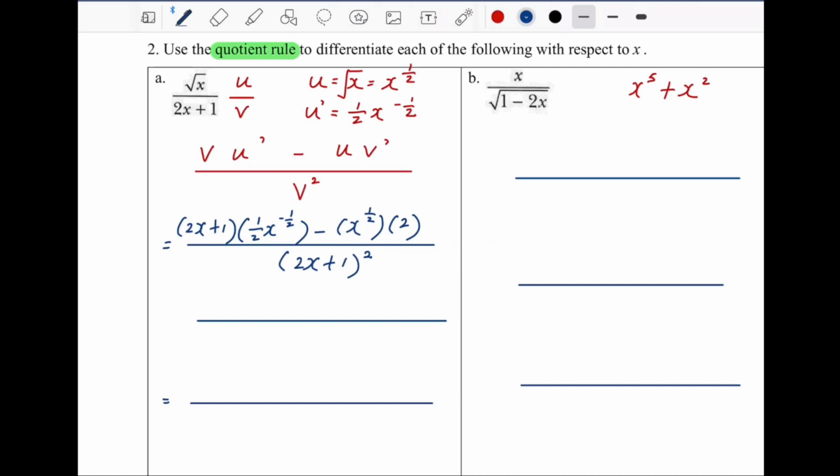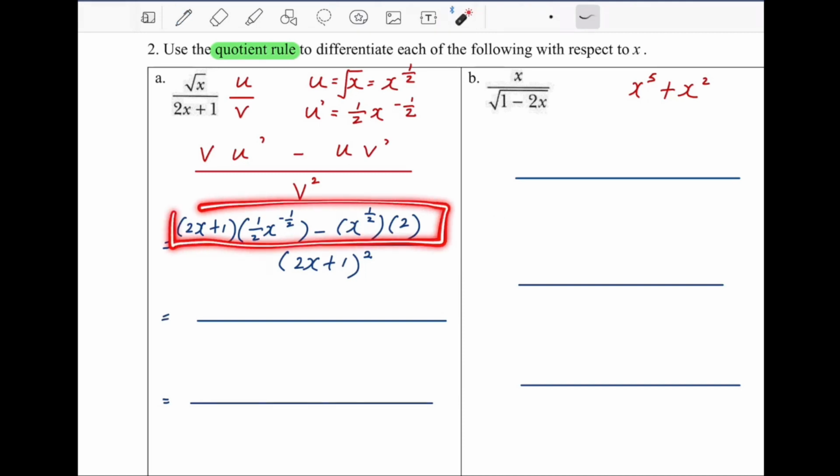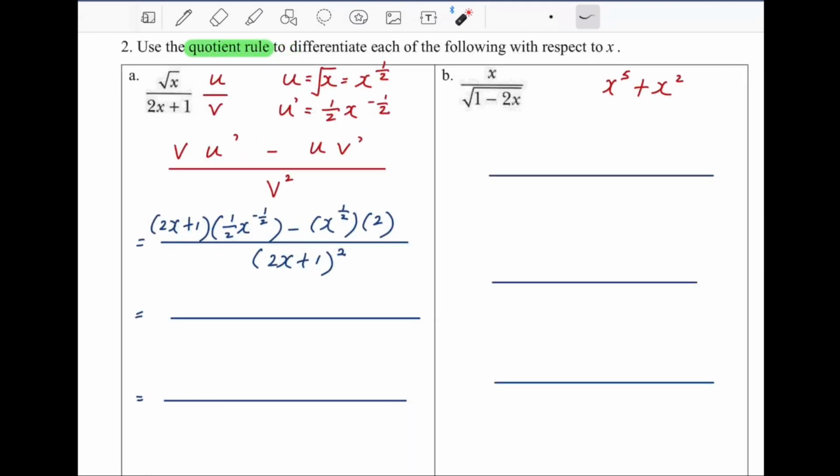Then the second step is where you need to apply factorization for the numerator. Let's do a quick recap on factorization. We take this as an example: x power 5 plus x power 2. When you factorize it, what is the highest common factor? x power 2. When you take out x power 2 from x power 5, what is left?